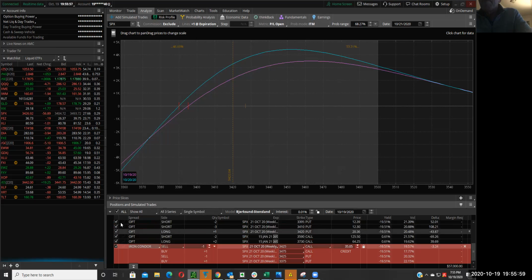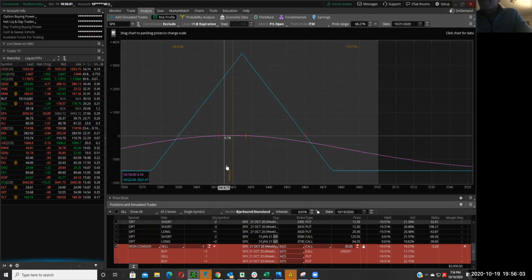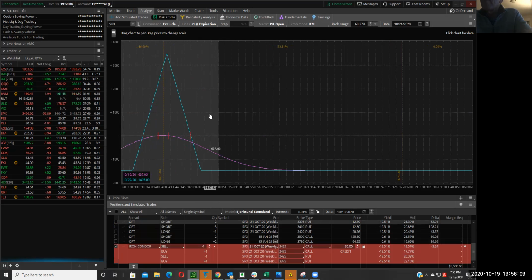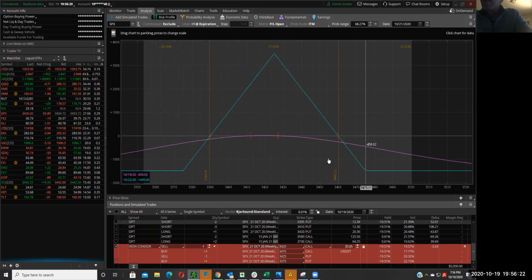You delete these, uncheck that. There you go. Now I need to find my, there's one. You see these dashes are break even. So I'm going to put one on the break even point there and this one on a break even point there and drag it out.